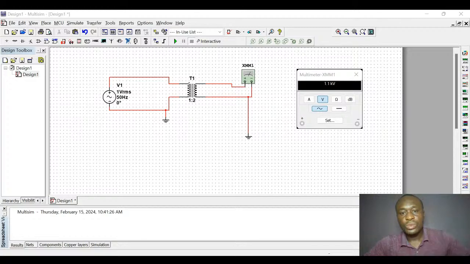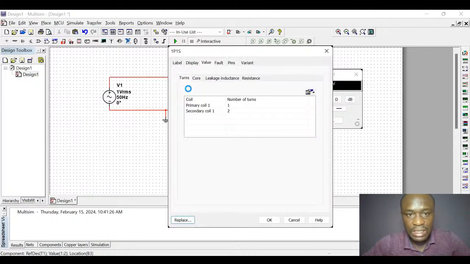Okay. So watch. Here, this is the voltage source, and we have 1 volt. Are you seeing the 1 volt? If you are seeing the 1 volt, say yes. Now, you see that the primary side of this transformer has 1 turn of wire. Let me show you how I did it. This is the primary coil, number of turns, 1.